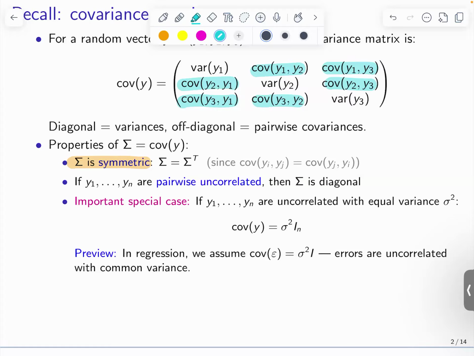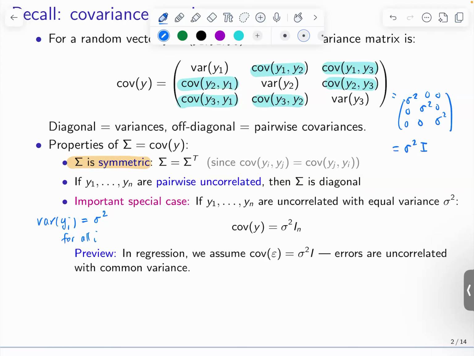So if the variance of all the coordinates is equal to sigma squared, then what I get in this case is sigma squared on the diagonal and 0 everywhere else, and then I can factor out sigma squared times the identity. Here I3 is a 3 by 3 identity matrix, and in general In would be an n by n identity.